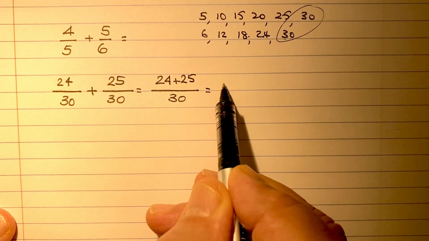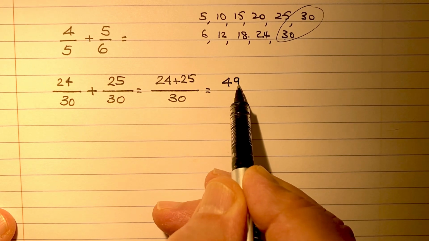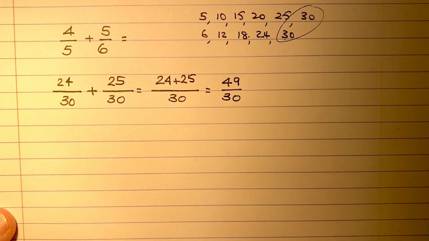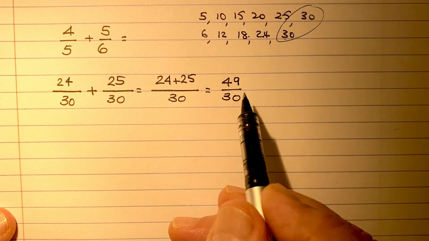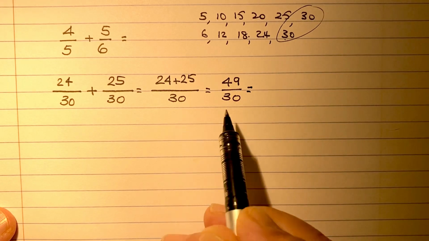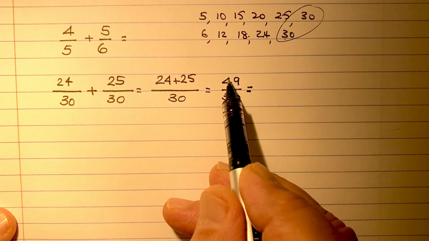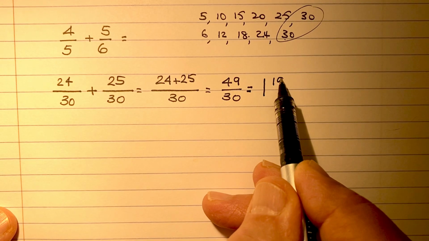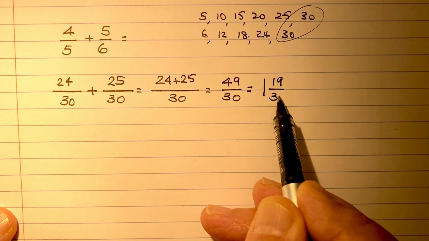So that's 49 over 30. Well, this is an improper fraction, meaning the numerator is bigger than the denominator. You need to change that to a mixed number now. How many 30s fit into 49? Once. Remainder 19, same denominator.